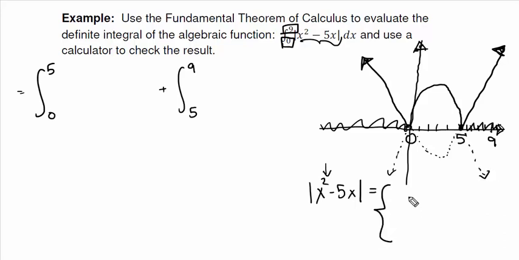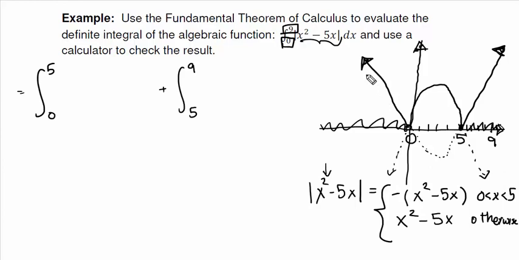So this is actually a piecewise function. So from 0 to 5, I have the part of the parabola that's pointing down, and from any other value, I have the part of the parabola that's pointing up.